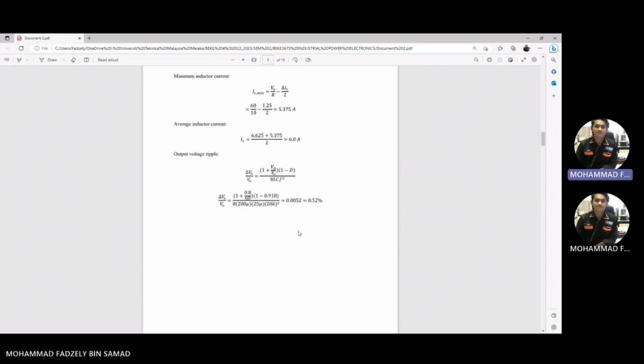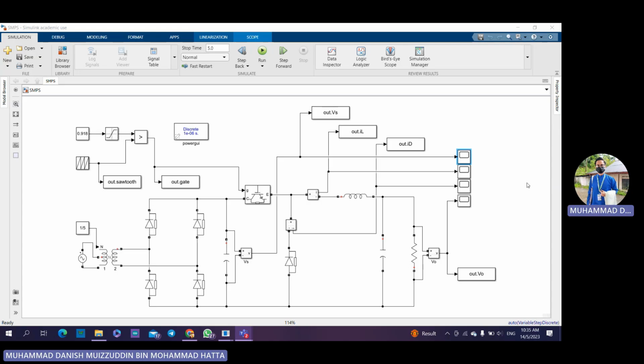For average inductor current, we total up the minimum and maximum inductor current and divide by 2, we will get 6 ampere. And our output voltage ripple, by using all the parameters that we have calculated, will equal 0.25%. Now we'll go to the simulation part.